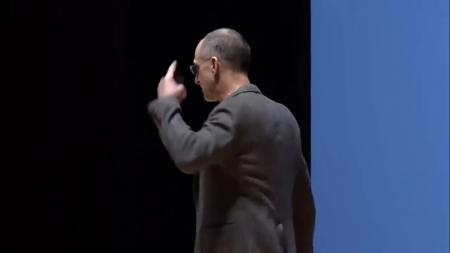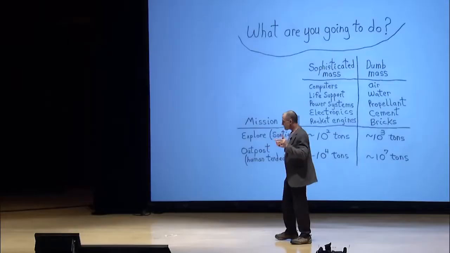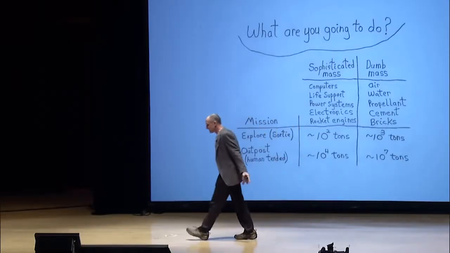So I started to look at the mass that you could bring on a meaningful expedition, and I broke it into 2 kinds. Sophisticated mass. This is stuff like computers, life support, power generation, electronics, all this kind of stuff. And then there's mass that I call dumb mass. This stuff, air, water, propellant, cement, bricks, things that are needed simply by their bulk chemical composition or their physical properties. And then you look at a couple of different kinds of missions.